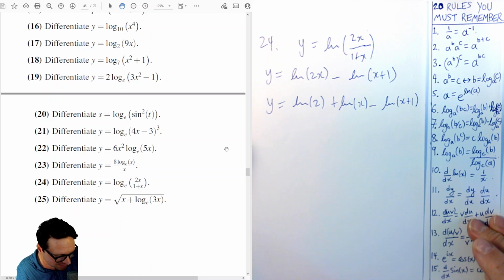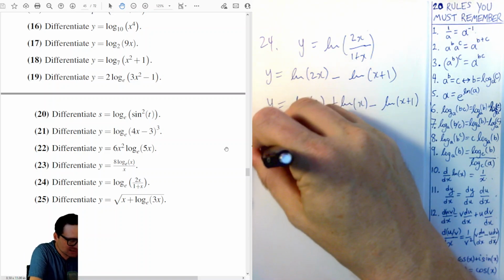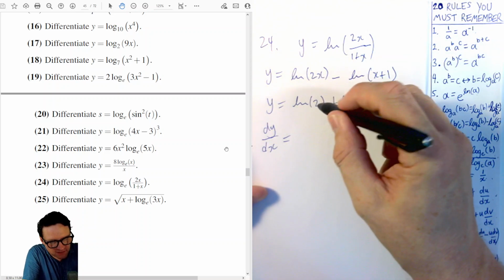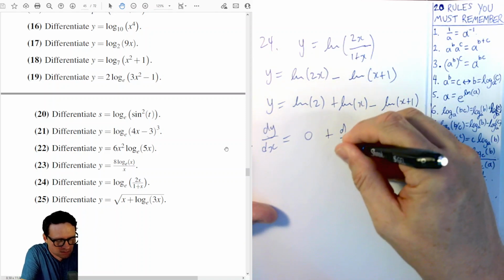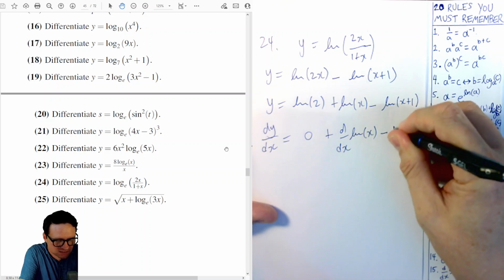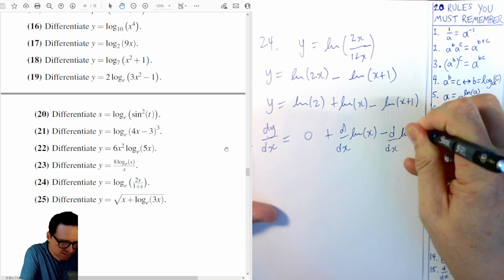Okay, and now let's apply d on dx to both sides. So dy on dx is, now the derivative of this number is 0, d on dx of natural log of x, and then minus d on dx of the natural log of x plus 1.